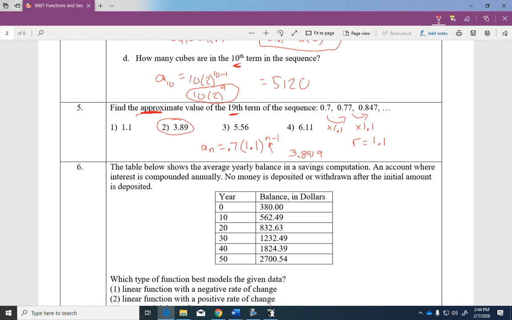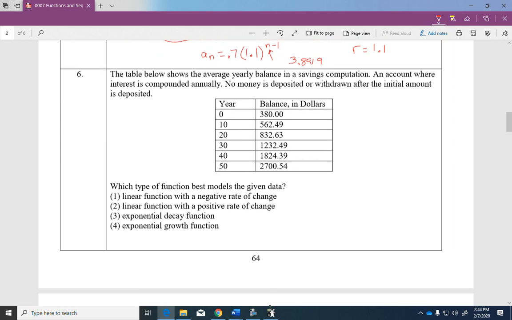Number 6. The table below shows the average weekly balance in a savings account where interest is compounded annually. We talked about compound interest being exponential. Annually means yearly.